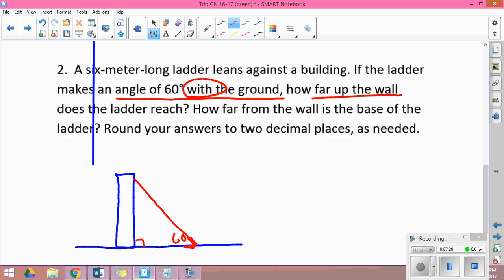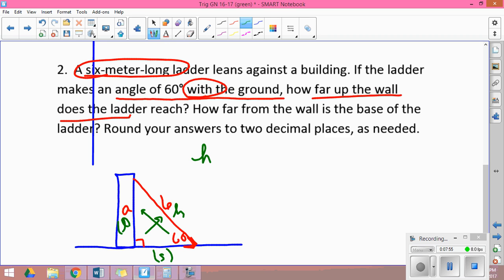How far up the wall does the ladder reach? So we want this height here. And we've got a 6-meter long ladder. Our ladder is 6 meters long. So what do we know? We know the hypotenuse. We want the long leg. Fortunately, there's no way to get from hypotenuse to long leg without going through short leg.